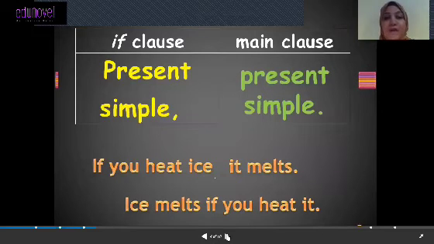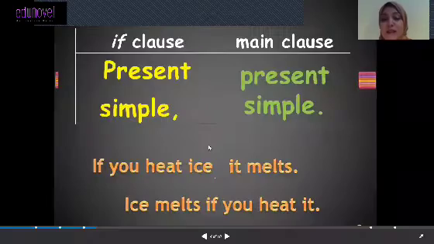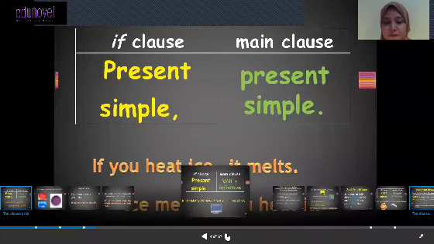The if clause comes in the present simple, and the main clause, or the results or the consequences for the present situation, is also in the present simple. If you heat ice, it melts. Ice melts if you heat it.